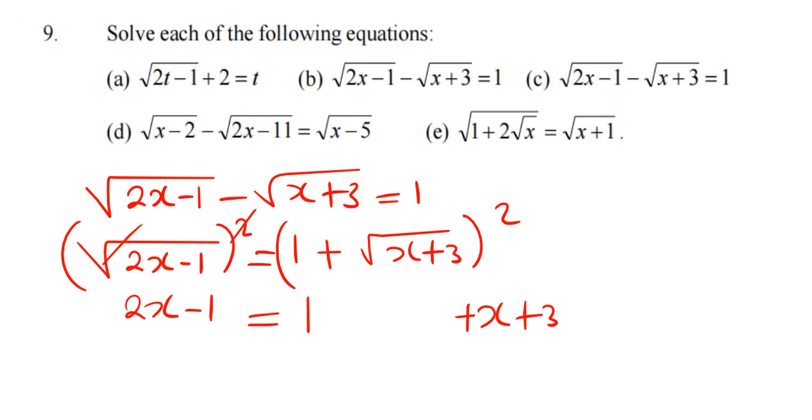So now what do we put in the middle? What we're supposed to put in the middle is 2 multiplied by 1, which is a 2, and that 2 multiplied by this expression, we're going to have 2 root x plus 3. Alright, so this is what we have. Then you're just supposed to now solve these expressions.